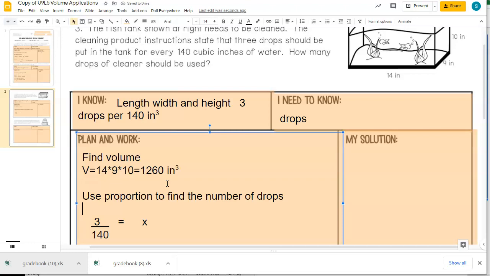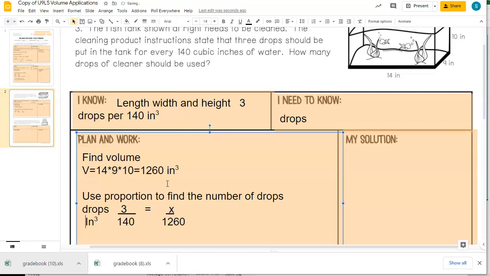So again, here I'm doing drops over cubic inches. And we're looking for this missing piece, and this is going to be 1,260.